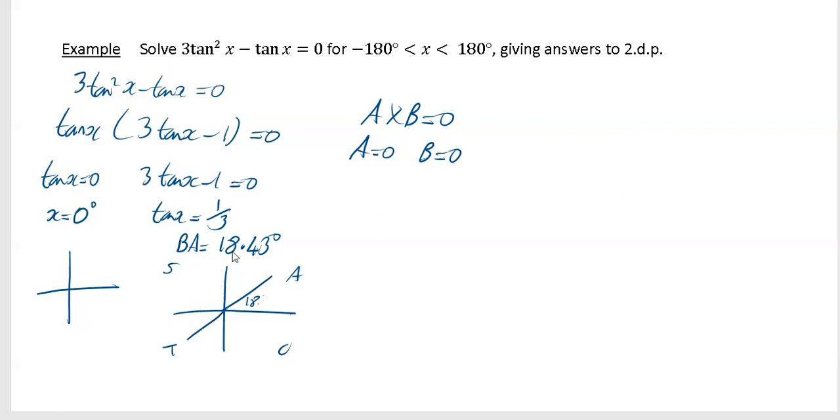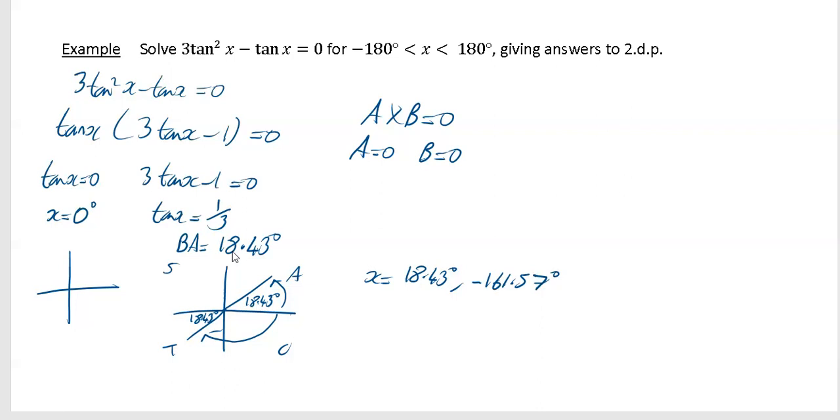So 18.43 degrees and 18.43 degrees. So again, with the horizontal, this one is a positive one, and this one is a negative one. So my answers for these two, x is equal to 18.43 degrees, or it's going to be minus 161.57 degrees.